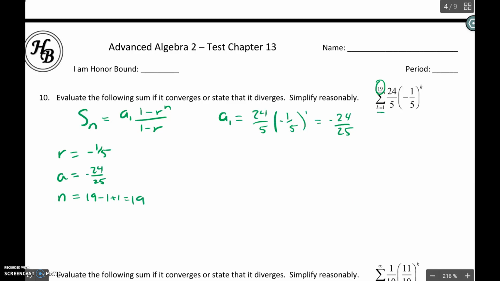I'll change colors so we can work it. This says simplify reasonably. We know we have fractions and exponents, so we have to figure out how to simplify this. S of 19 equals -24 over 25 times 1 minus -1 fifth to the 19th over 1 minus -1 fifth.